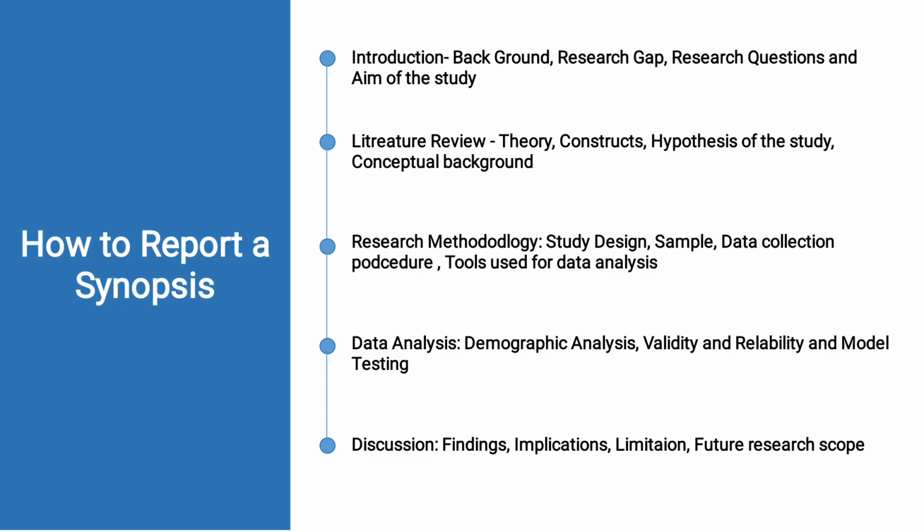In reliability, you can report Cronbach's alpha, composite reliability. If it is qualitative research, then you must report the external validity and internal validity also, like inter-coder agreement. Yeah, that you can use in qualitative research.